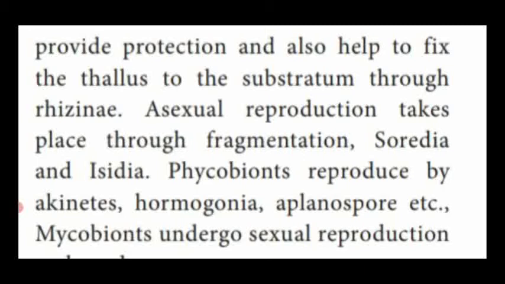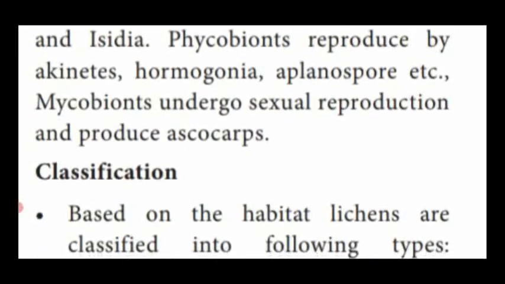Then the phycobiont reproduces by akinetes. This is also a special type of asexual structure. Hormogonia is another asexual structure. Aplanospore. So these are the three modes of asexual reproduction that take place in the phycobiont, that is the algal partner present in the lichen. Another one, the mycobiont, that is the fungal partner, undergoes sexual reproduction by producing the ascocarp.